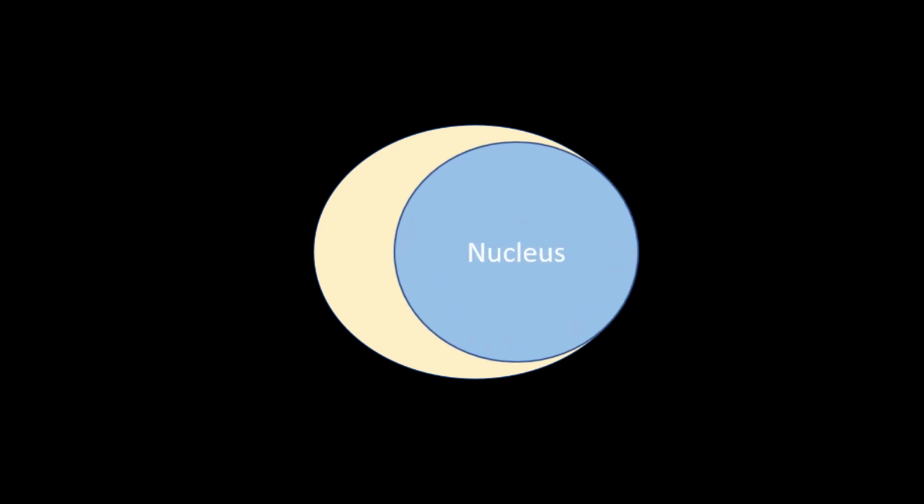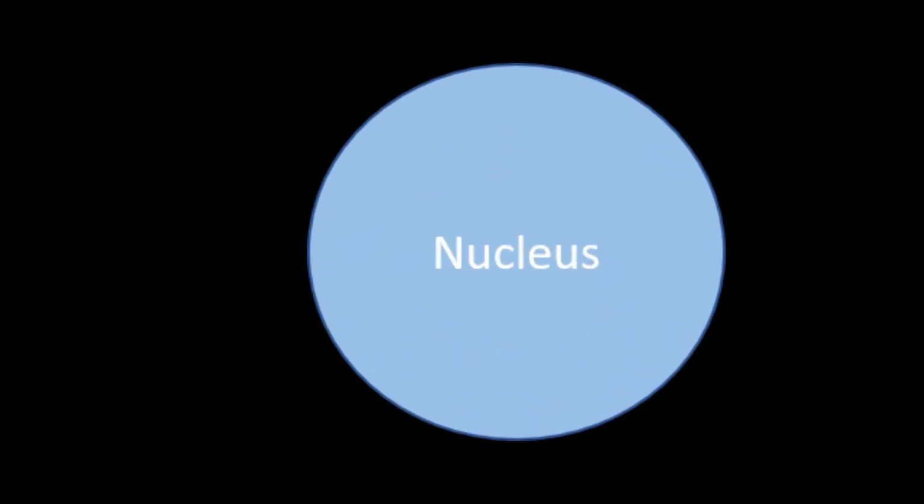Moving on to this simplified model of a nucleus in a cell. So basically the nucleus forms about 10% of the cell. And if we look in detail, the nucleus has two membranes around it. So it is encapsulated by two membranes.